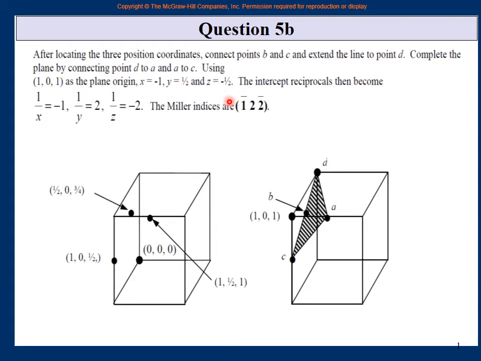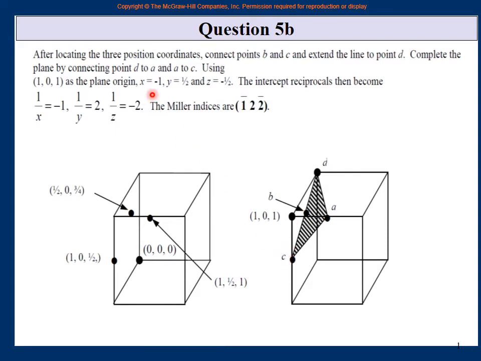Okay? So again remember, if this is your origin, plus x is here, minus x is there, right? Plus y is here, minus y is there, plus z is there, minus z is there. So from here, -1 on x, plus half on y, minus half on z.